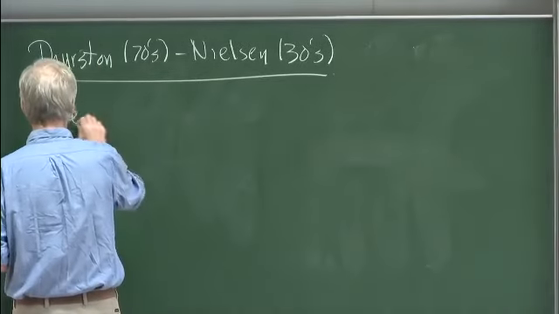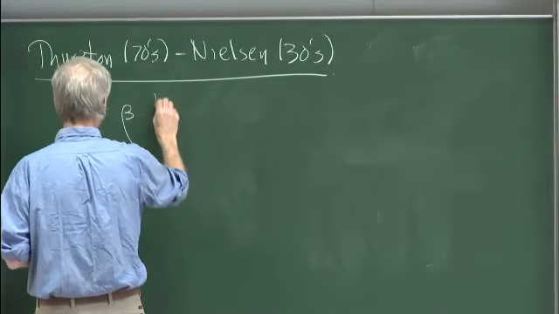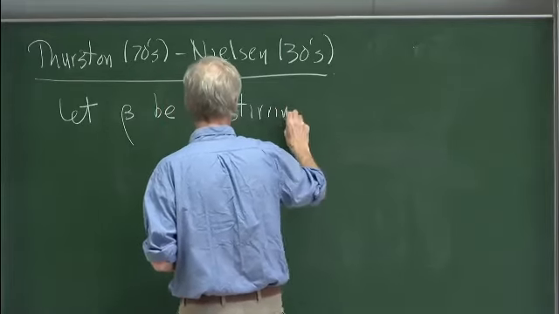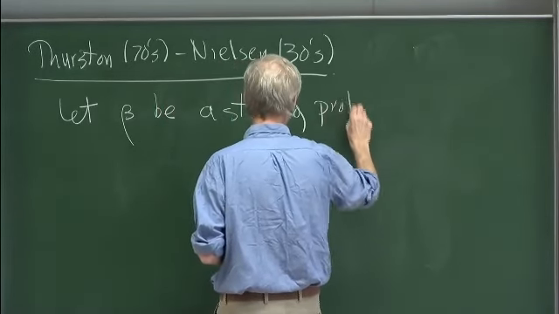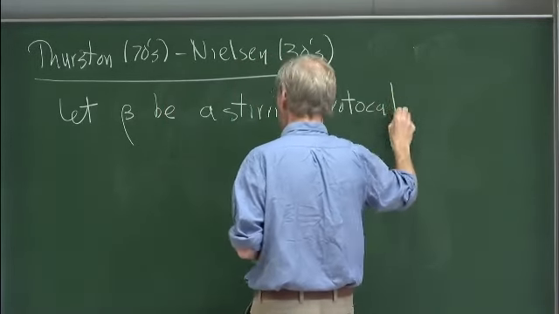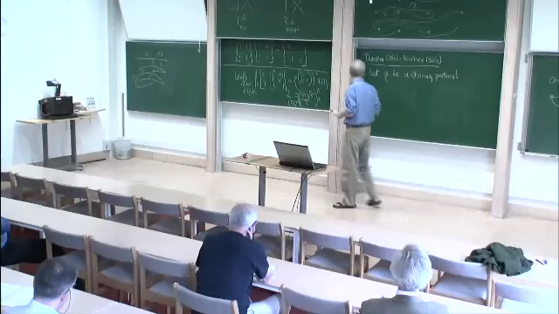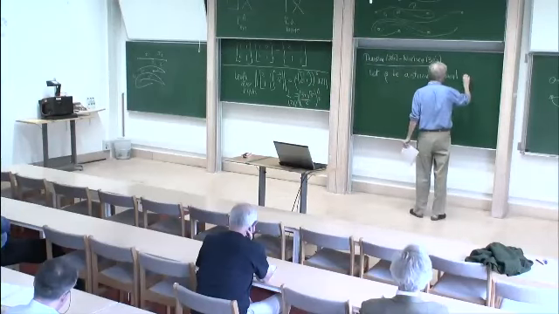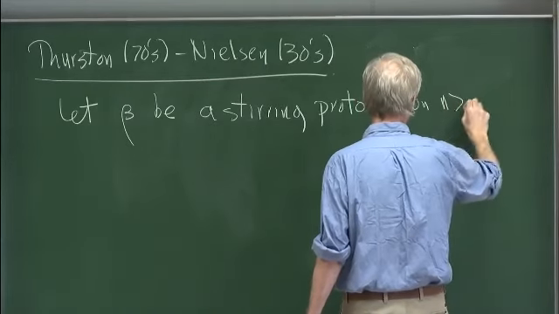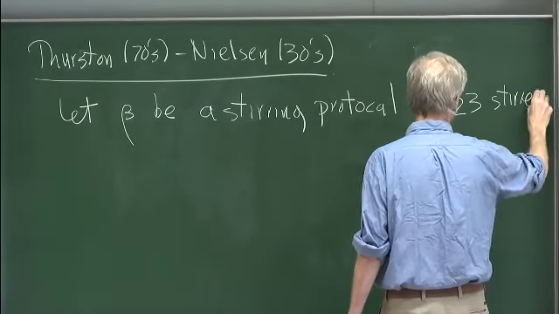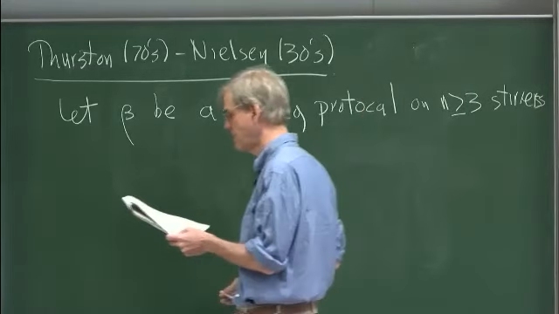And again, I'll specify. Let beta be a stirring protocol. That just means a motion of the stirrers. And because Steve asked me, it's periodic, to make the theory work. And it can be on n greater than or equal to 3 stirrers. For fewer, the theorem is still true, but it's trivial.